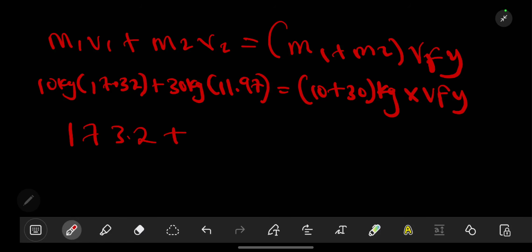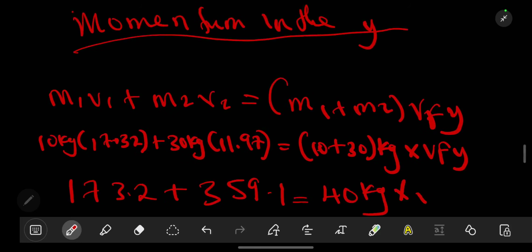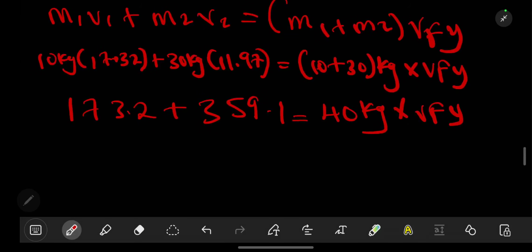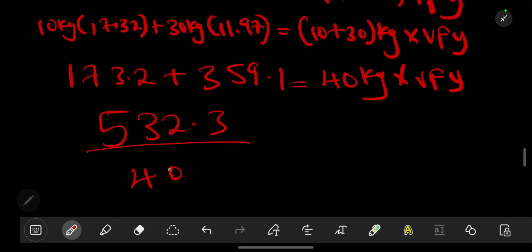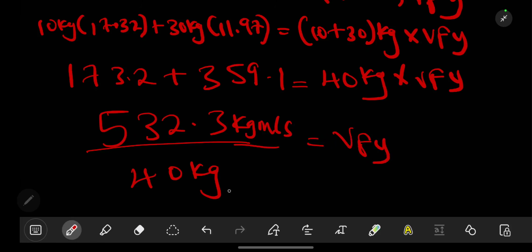So we are going to have 173.2 plus our 30 times 11.97. This is going to give us 359.1, which should be equal to 10 plus 30, which is 40 kg, times VFY. So when we add our 173.2, this is going to give us 532.3 over our 40 kg meters per second, which should be equal to Vf in the y direction.